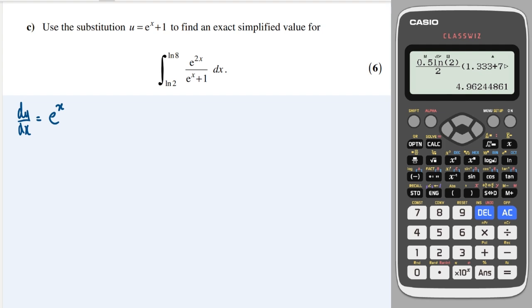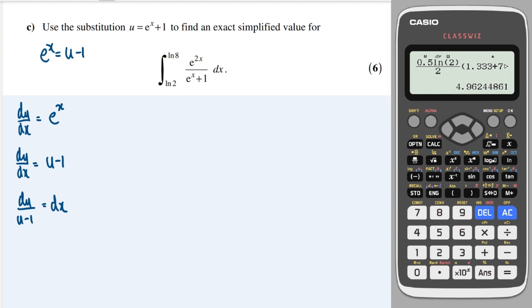And I know that e to the x is equal to u minus 1. And then rearranging that gives me du over u minus 1 is equal to dx. So great, I've got dx on its own.